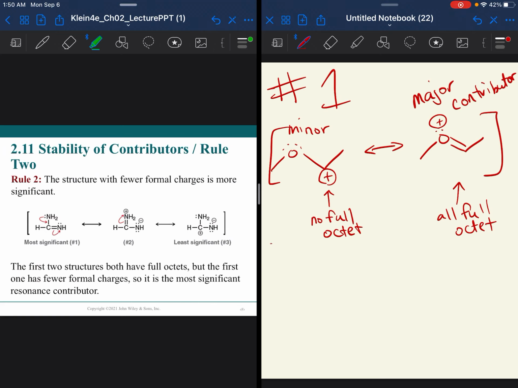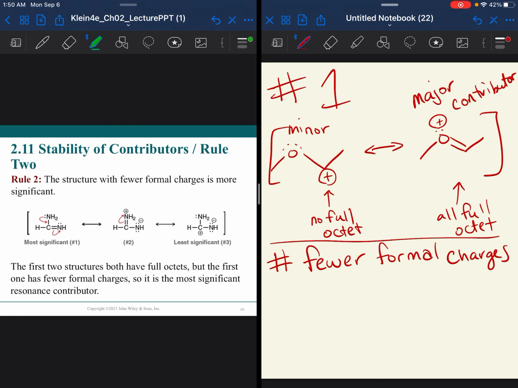Rule number 2, we are going to look for fewer formal charges, right? The fewer the formal charges, the more stable, the lower energy, the more significant, or the major contributor. So if we look at this example over here, we looked at an example in that previous slide, right?